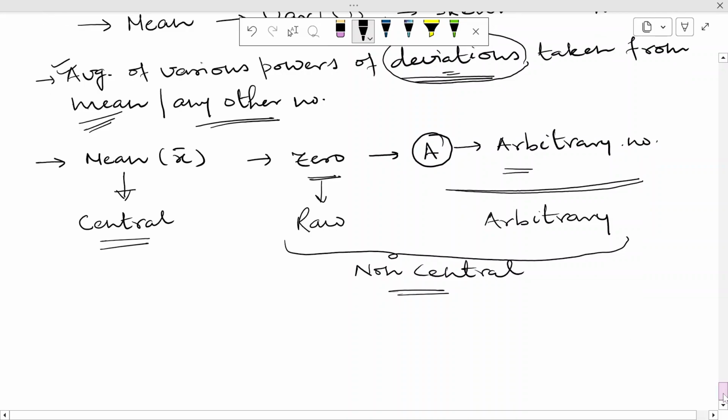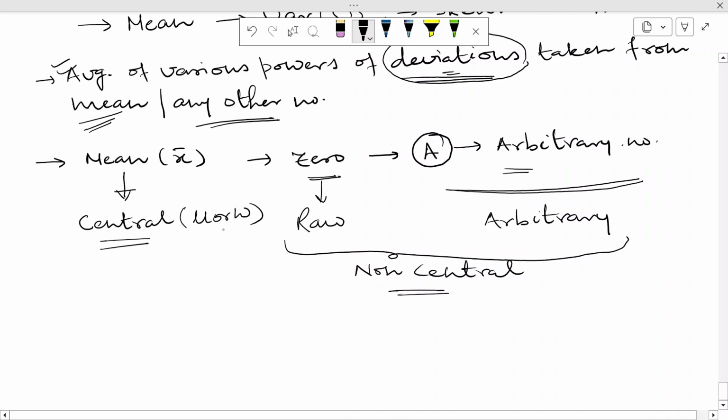Now, in order to get a clear understanding, we can write the formula, but before that we have just some notation. Sometimes the moments are represented by mu or omega.